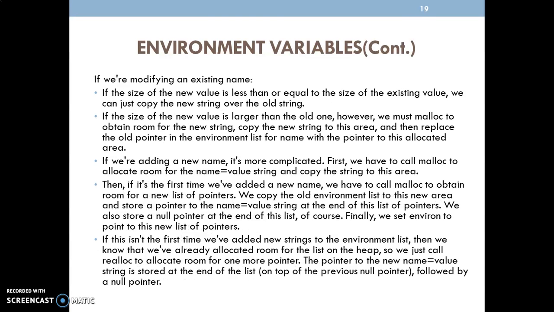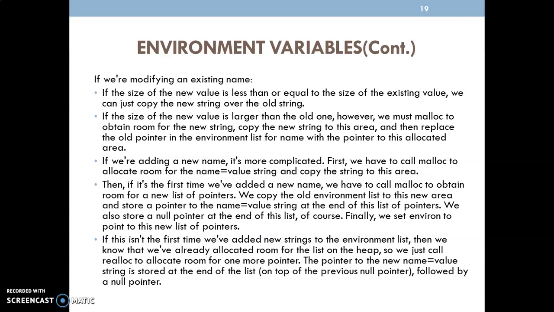If you want to modify an existing name and the size of the new value is less than or equal to the size of the existing value, you can just copy the new string over the old one. That means, suppose HOME is one of the environment variables and it has some value, and I want to change it to a new value.